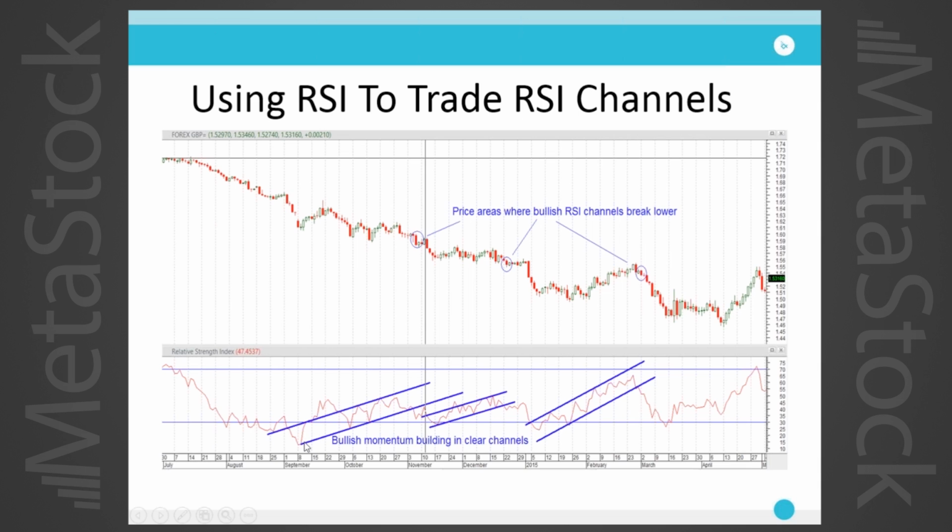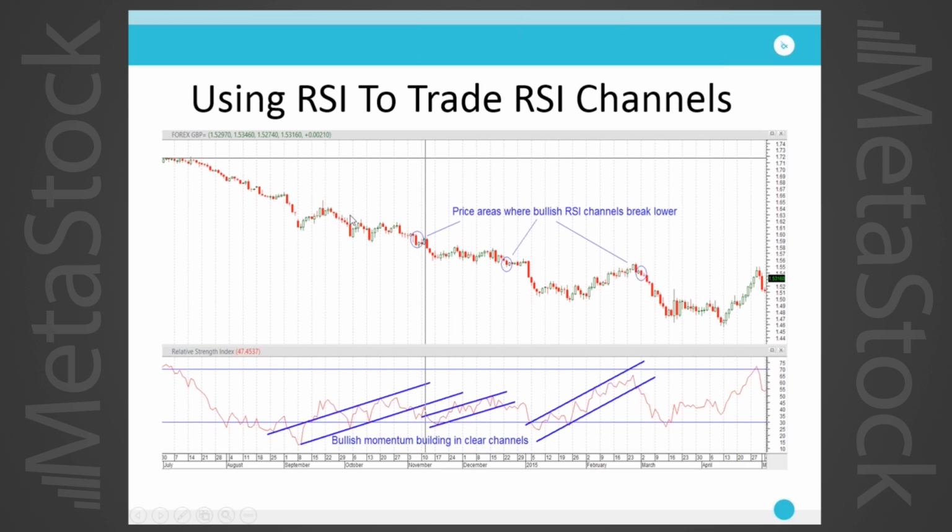So I can apply these lines to the chart, and in these circumstances, all I'm simply waiting for is the point at which the bullish momentum, the bullish channel, gives in, and we see momentum break lower through the channel line, and then I'm simply able to enter or look for price conditions which match my anticipation built around the breaking of that bullish channel.